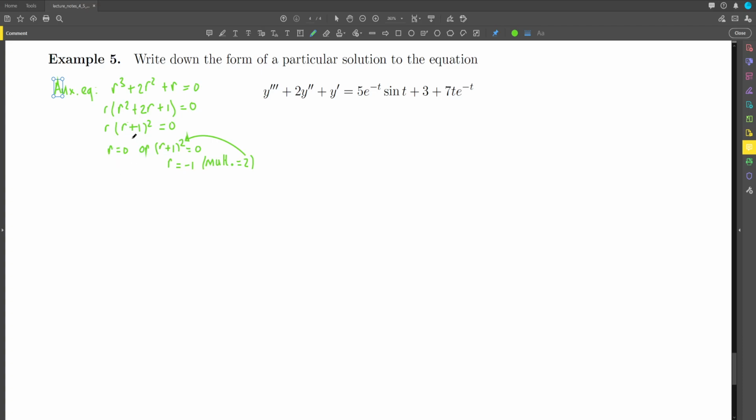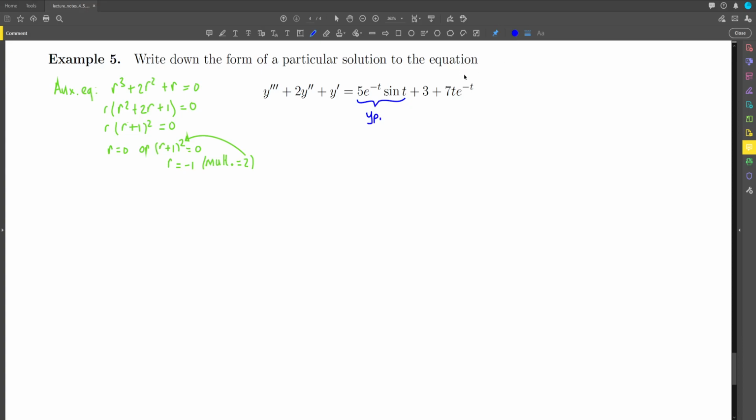Okay, so those are the roots of the auxiliary equation, and now the right-hand side does not neatly fit any of the two general forms. In fact, we'll have to break this down into 3 parts. I'm going to take a look at this part. I'm going to find a particular solution, yp1.